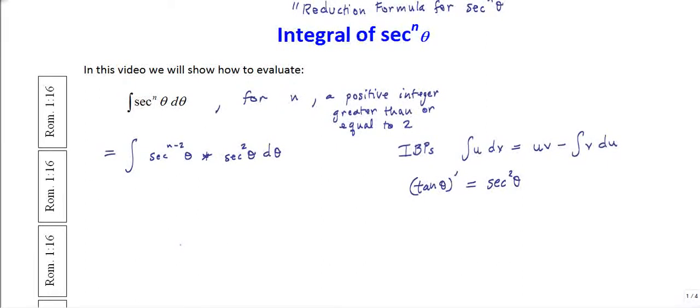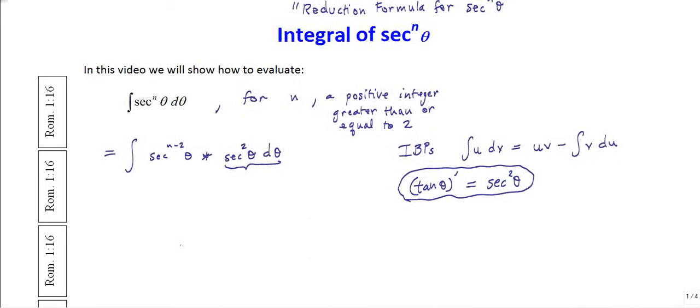So that's where this little piece is coming from, and that's why I write my original power of secant, namely secant to the nth power, as the product of secant to the n minus 2 times secant squared, in anticipation of my having to use this result here.